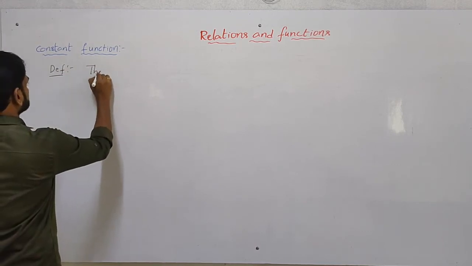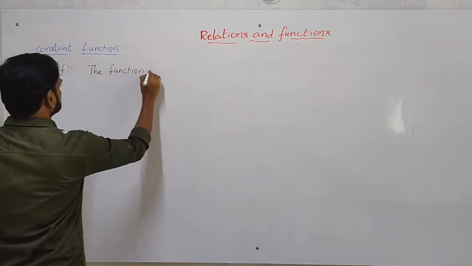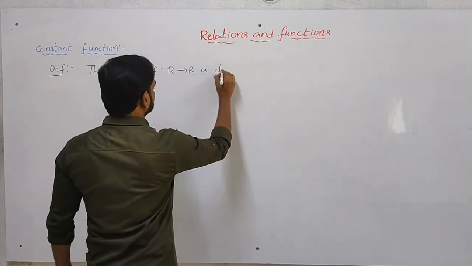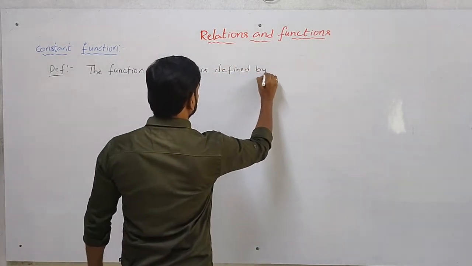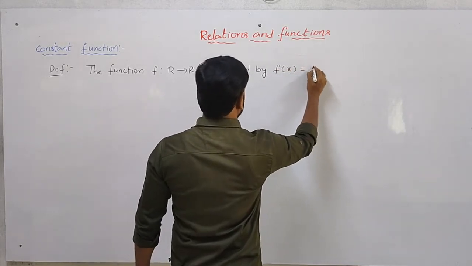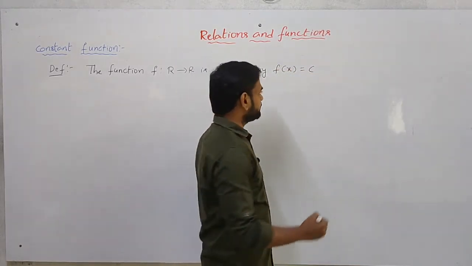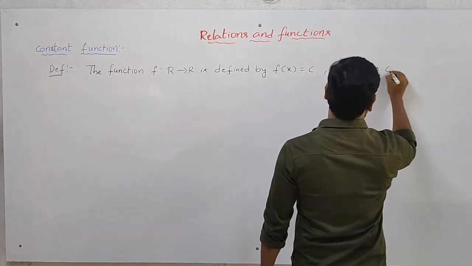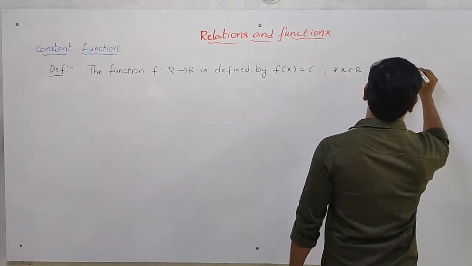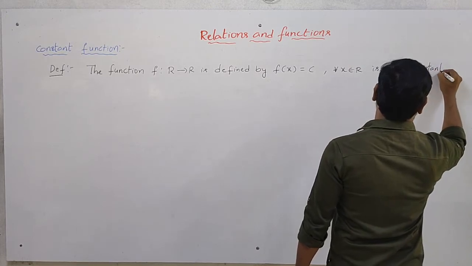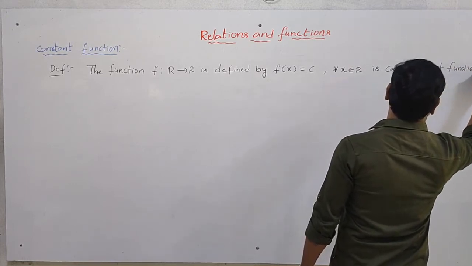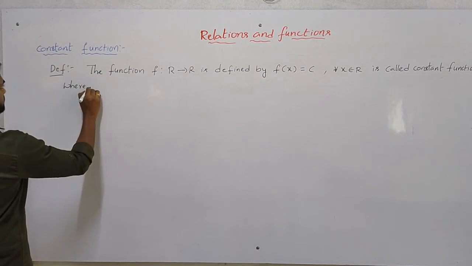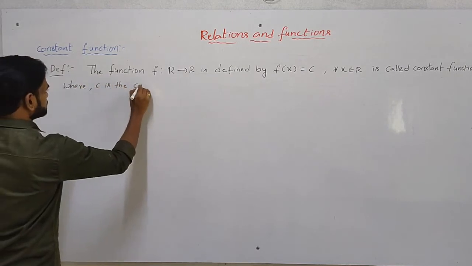The function f from R to R defined by f of x equal to c, where c means constant, for all x belongs to R, is called constant function. Where c is the constant.